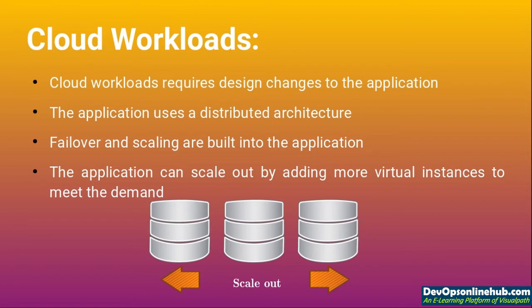And this can be automated and also done online, so you don't need any downtime, and this is possible because of the architecture change in your application, which can add extra instances online to the running application and serve you.